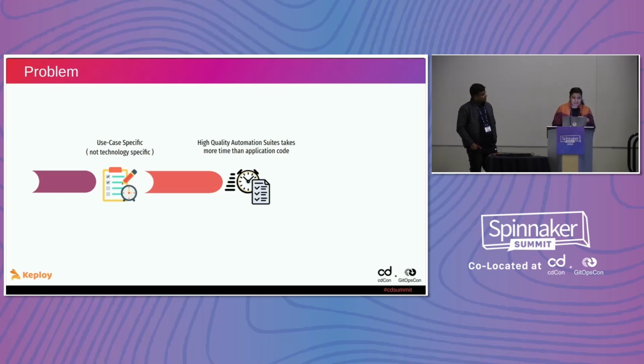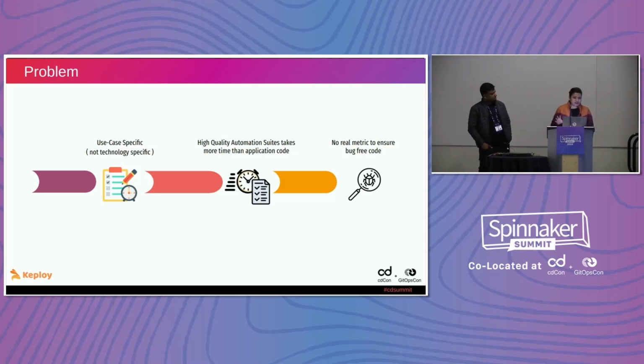And even after that, you cannot ensure that there is one metric that will ensure bug-free code or no defects leaking to production. So that's a problem in achieving the autonomous testing cycle in the CD process.